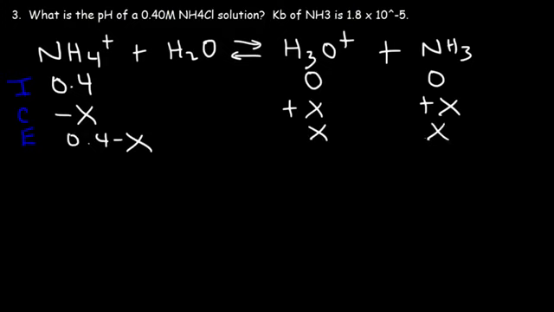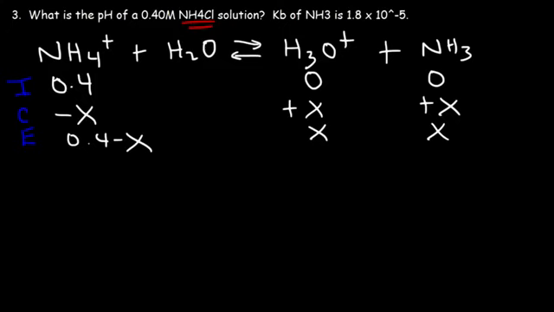Now, in this problem, should we use Ka or Kb? What do we have in the solution? Do we have a weak acid or a weak base? We don't have NH3 in the solution initially. We have NH4 plus, and that's a weak acid, which means we need to use Ka.